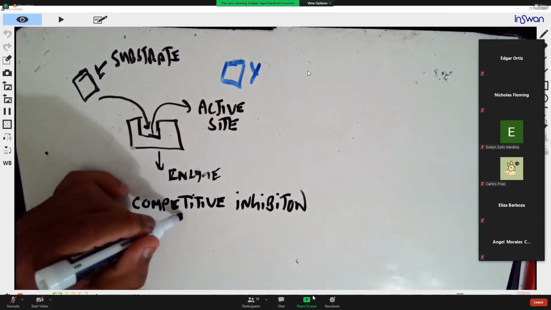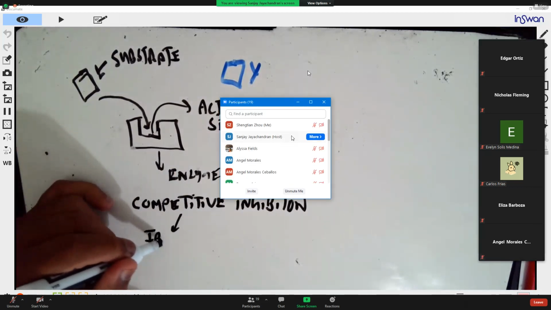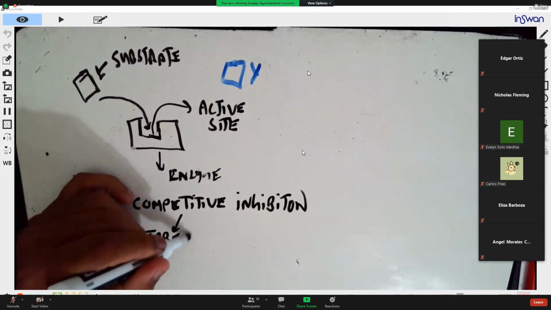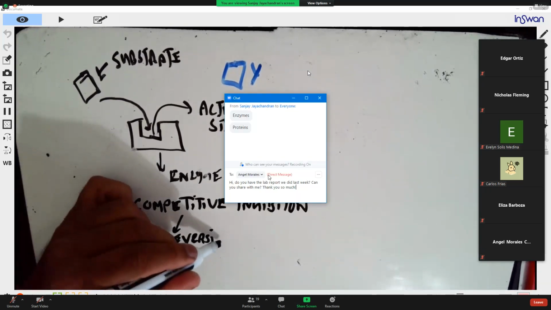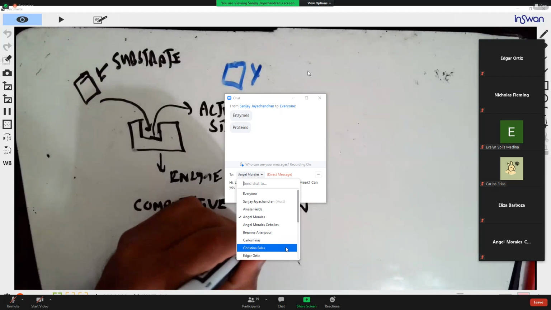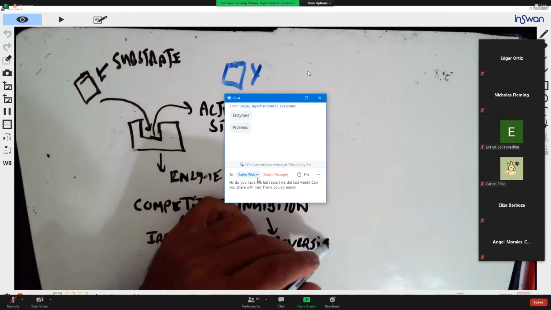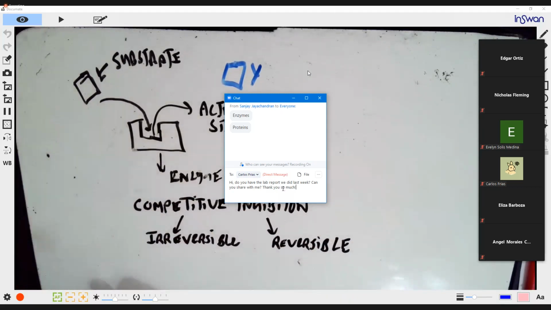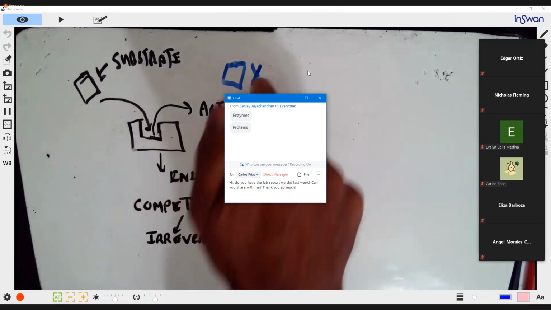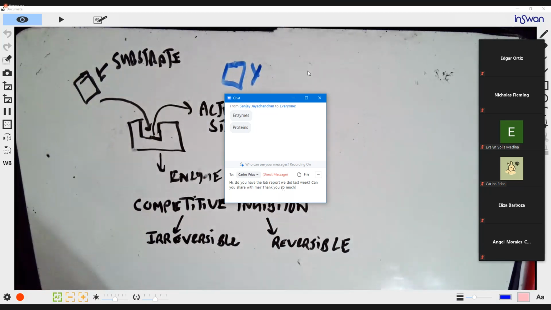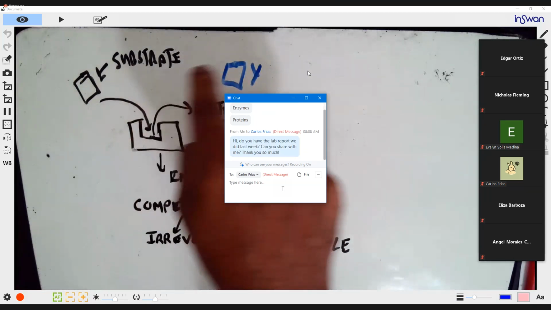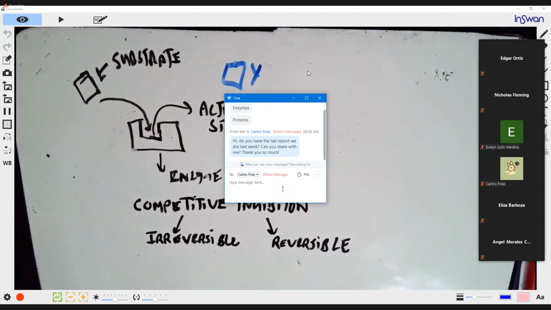There are two kinds: irreversible and reversible. Irreversible means the wrong key goes in and gets stuck in there, gets jammed. Reversible means the wrong key goes in but can pop back out. We're going to take examples first of irreversible competitive inhibition.